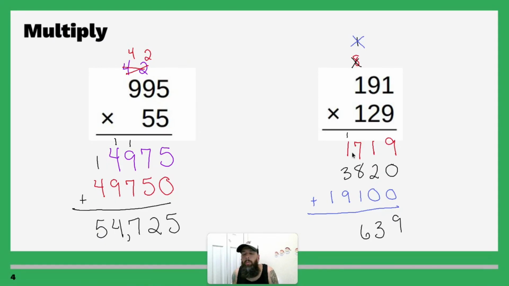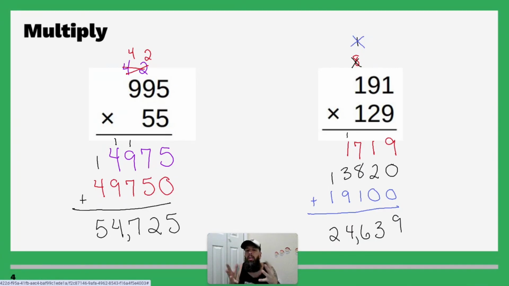Carry the 1. 1 plus 1 is 2. 2 plus 3 is 5. 5 plus 9 is 14. Carry the 1. 1 plus 1 is 2. I have 1, 2, 3, 4, 5 digits, so let's add a comma right there, and we have 24,632.